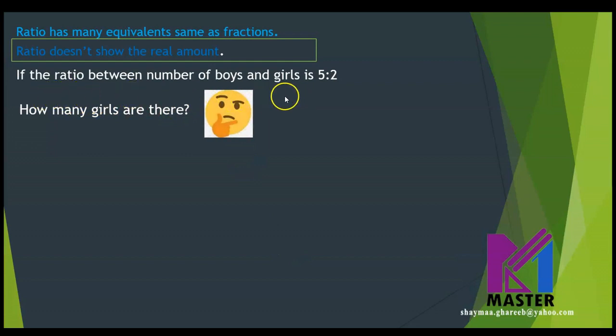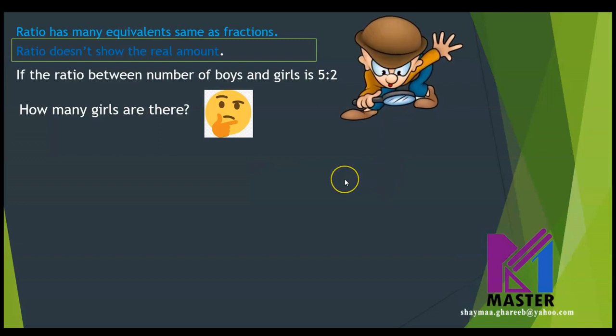If I know the ratio of boys and girls, which is 5 to 2, I cannot tell how many girls are there until I have one more information, which is the number of boys. So let's try how to find the number of girls if I know the ratio and the number of boys.